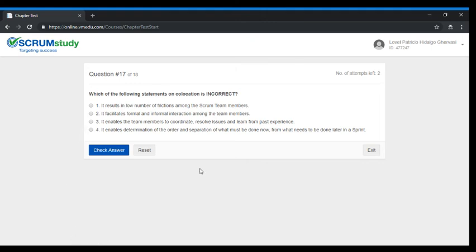¿Cuál de los siguientes enunciados de colocación es incorrecto? En resultados de bajo número de flexiones entre los miembros del equipo de Scrum, facilita la información de manera formal y la interacción entre el equipo de trabajo, asegura que los equipos de trabajo puedan coordinar, resolver problemas y aprendan.